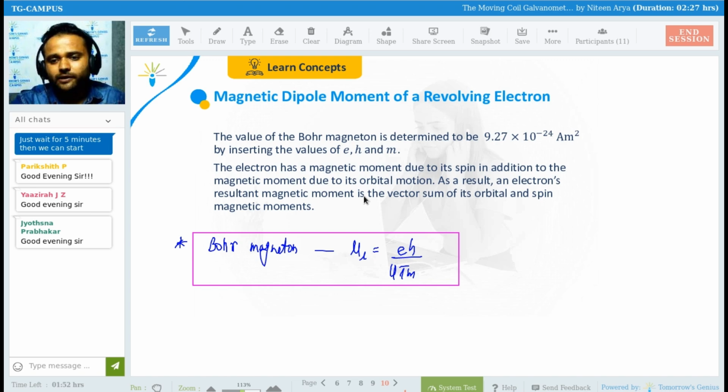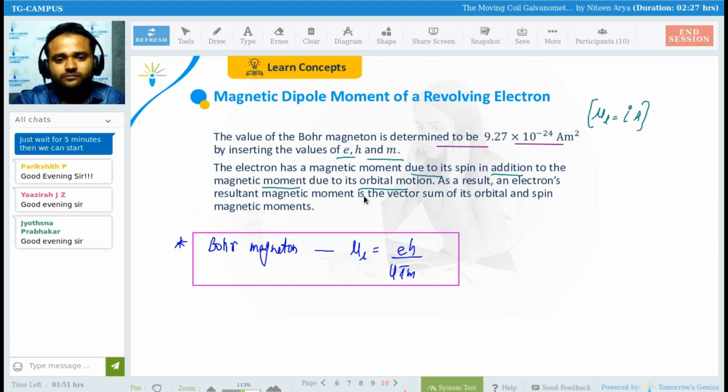The value of the Bohr magneton is determined to be 9.27 into 10 to the power minus 24 ampere meter square, because as simple as that, we have mu L equals I A. One simple formula you need to follow: I is ampere, A is meter square, by inserting the values of e, h, m and pi. The electron has a magnetic moment due to its spin in addition to the magnetic moment due to its orbital motion. As you know, the electron is spinning also, so due to this spinning we have a spin magnetic moment.